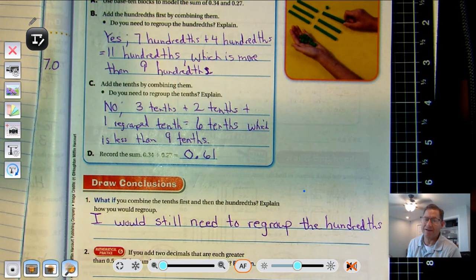Okay, we couldn't say 511 hundredths. That's what it would be if we added the tenths and just put the 11 hundredths after it. Okay, that wouldn't be correct. So we'd have to trade 10 of the hundredths for an extra tenth. So we'd still wind up with 61 hundredths.